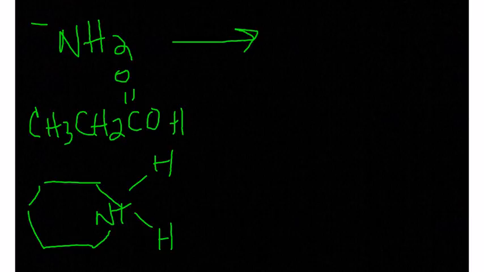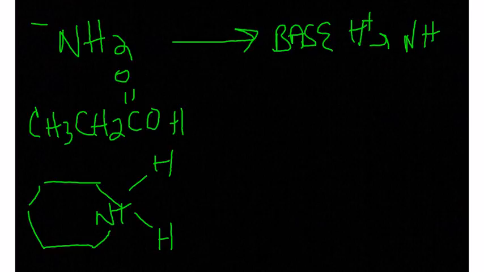The first one, by the Bronsted-Lowry definition, is a base because it wants to accept a proton to become an NH3+, or an amine group. The second compound is propanoic acid.